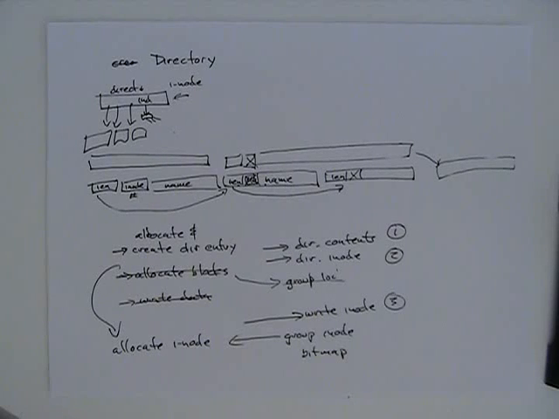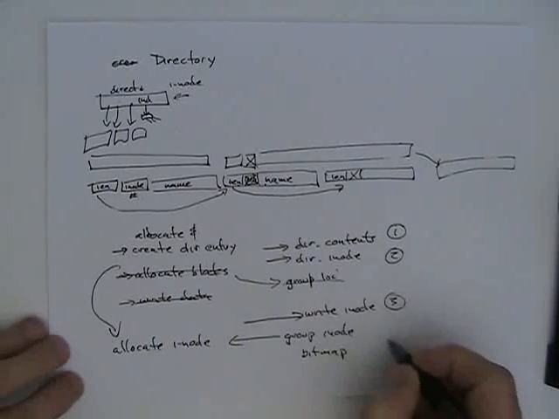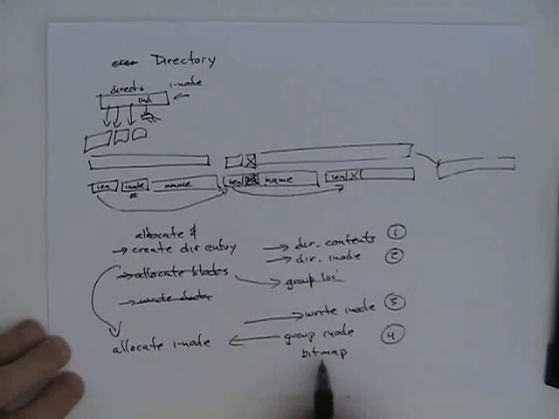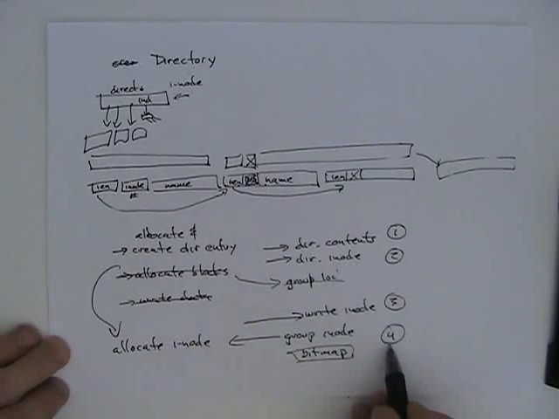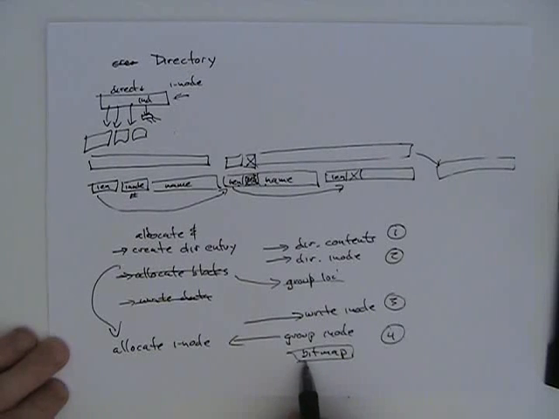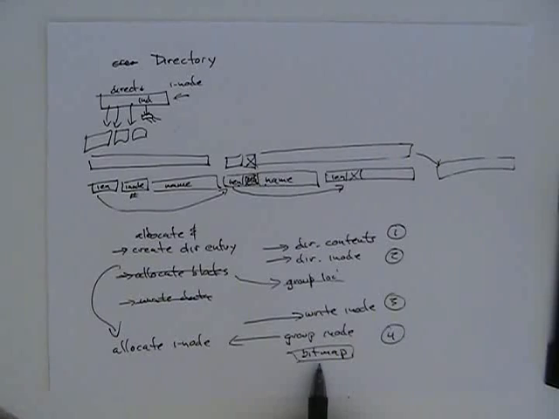So that inode at this point will be empty, but it'll have an owner, permissions, create time, and so on. And we're going to write the inode bitmap, because we've allocated this inode, so we have to mark that it's no longer free.